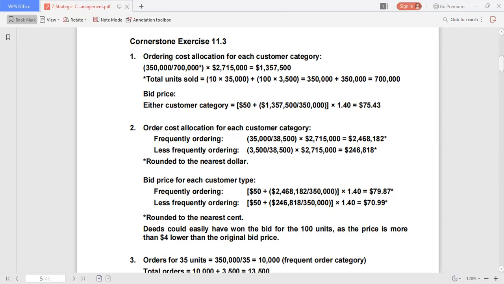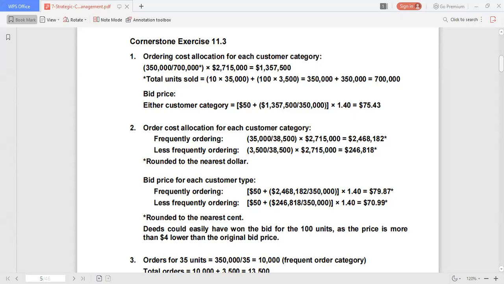Actually, the bid price is equal to cost plus 40%, that's why you get 1.4. So you add 50 to the quotient of dividing 1,357,500 by 350,000, and based on the total you multiply by 1.4. So you get the bid price of 75.43.